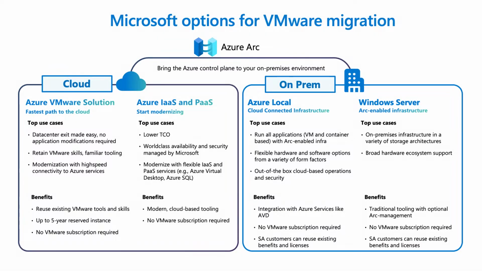Now, I will say that when we look at these 4 options, typically we see customers choose at least one option on the left. And on the right-hand side, we see customers usually choose one or even both. And here's why they use both. So in the core data center, where SANs are very prevalent, we see customers that say, look, I have my iSCSI and my Fibre Channel SAN, so Windows Server makes sense for me there. However, I've got 100 branch offices.